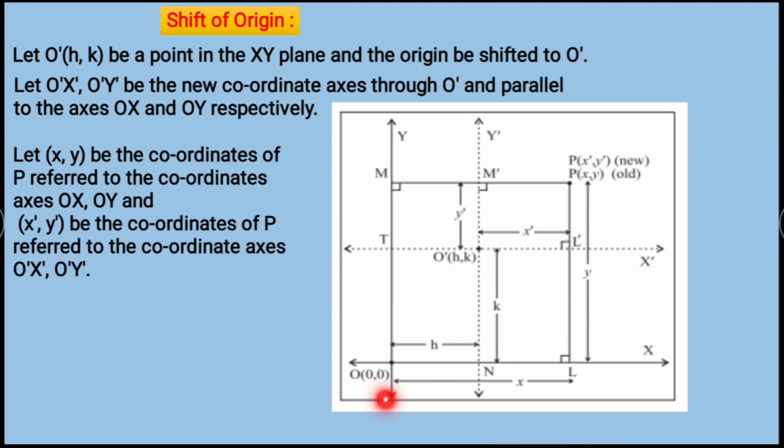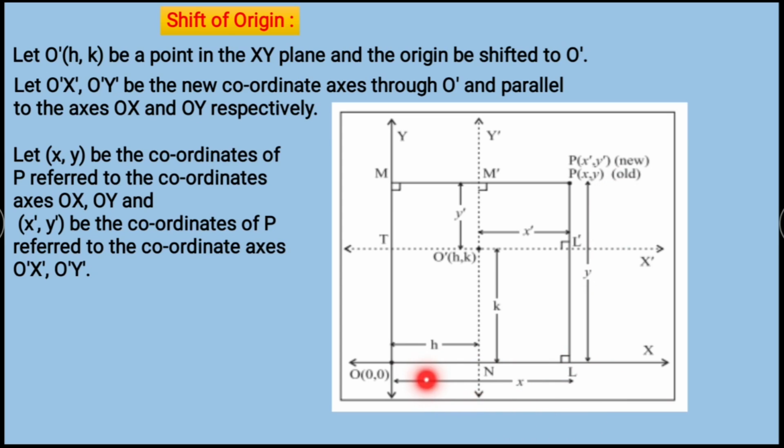Then we shift this origin (0, 0) to O dash of (h, k). So this point O dash is at a distance h units from the y axis and small k units from the x axis, and the new coordinate of this point P of (x, y) changes to P of (x dash, y dash).